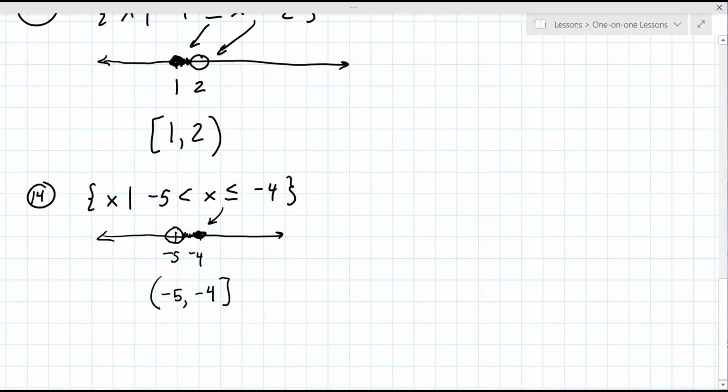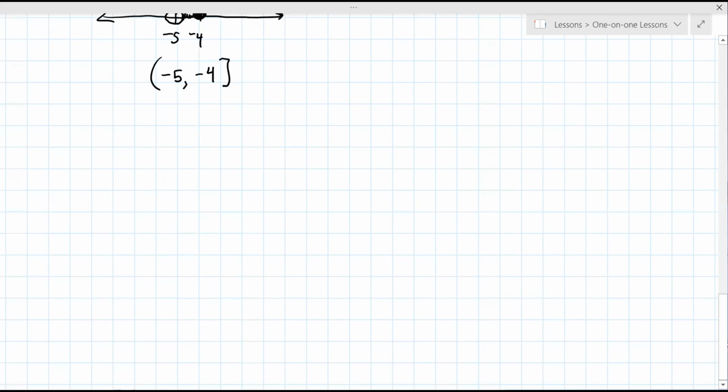Filled in, and it will be a bracket. Alrighty. On number 15, using the variable x, write each interval using set builder notation.